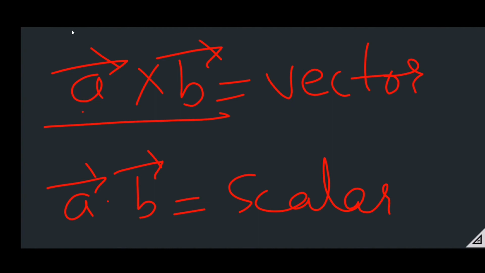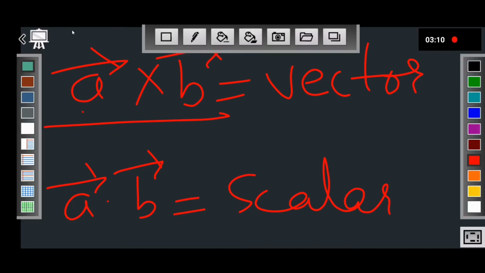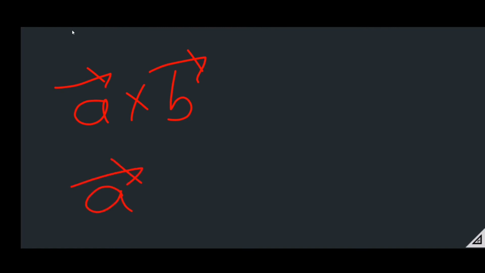That means it also has direction, and the direction of A vector into B vector is perpendicular to both the direction of A vector and the direction of B vector.